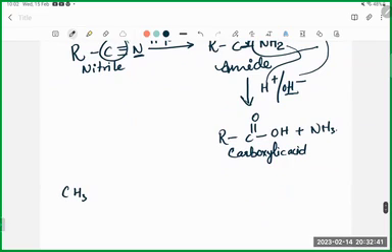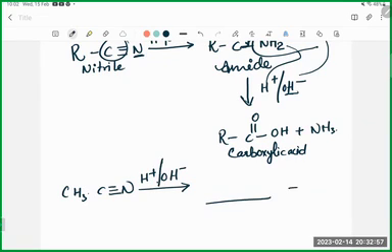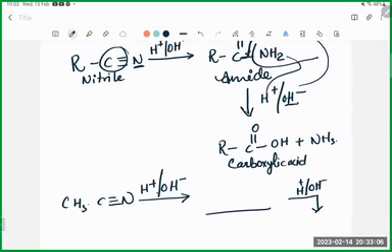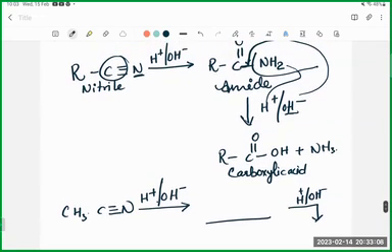So here CH3C triple bond N. We can call it ethane nitrile, or methyl cyanide. What happens when acid hydrolysis is done on this compound? Hridaya, complete this reaction. Yeah, Hridaya, tell the product. CH3CONH2.